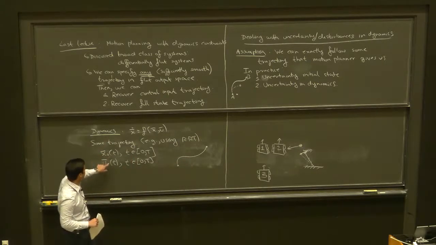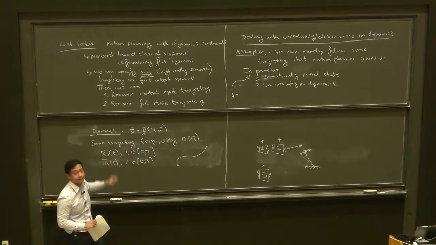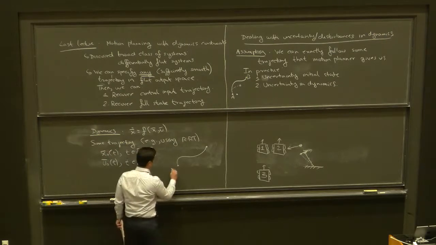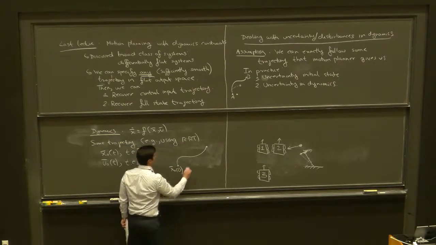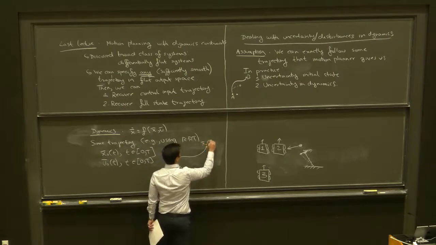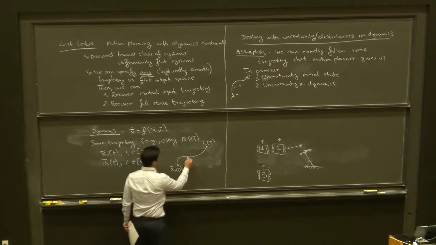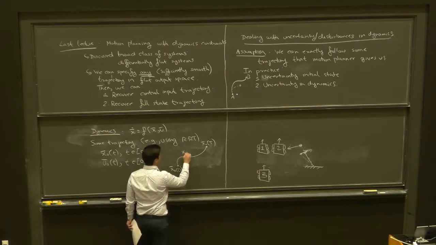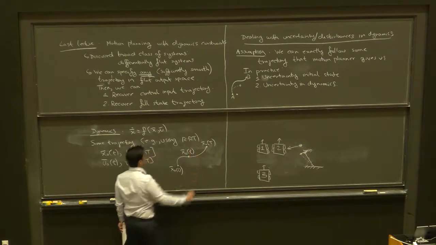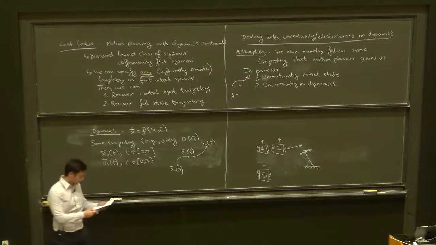The subscript 0 here refers to the fact that this is our nominal reference trajectory. The parentheses is time. So this is x0 at time 0, this is x0 at time capital T, and some point over here is x0 at some arbitrary time little t.